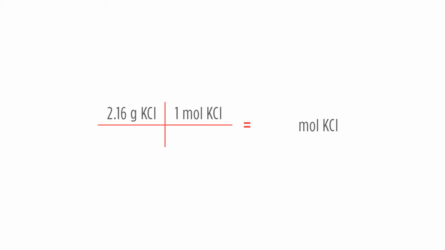Means we're going to have to divide by the molecular weight, 74.55 grams of potassium chloride per mole of potassium chloride. Cancel out the grams, do our calculation, and we'll see that we are going to come out with 0.0290 moles.